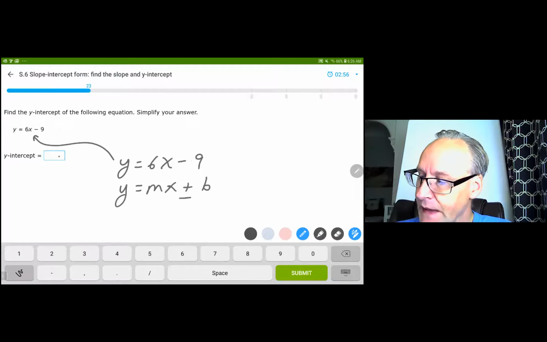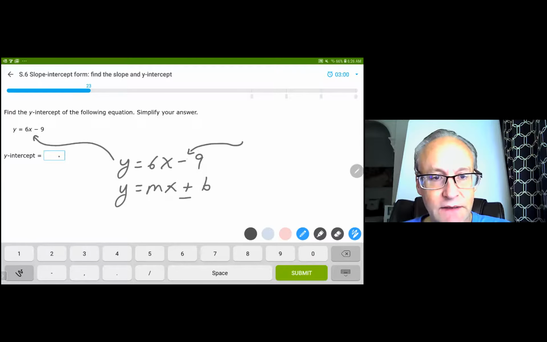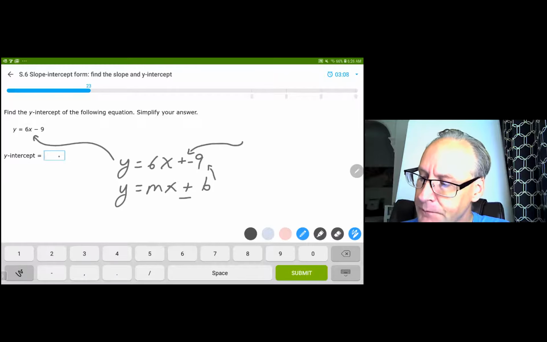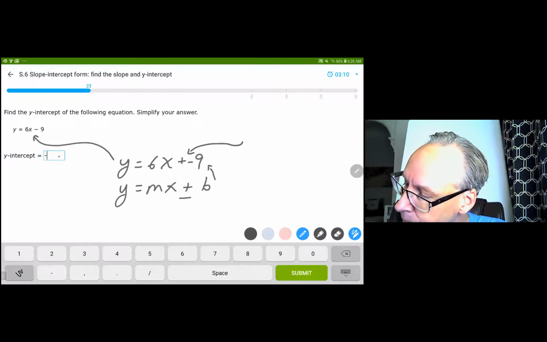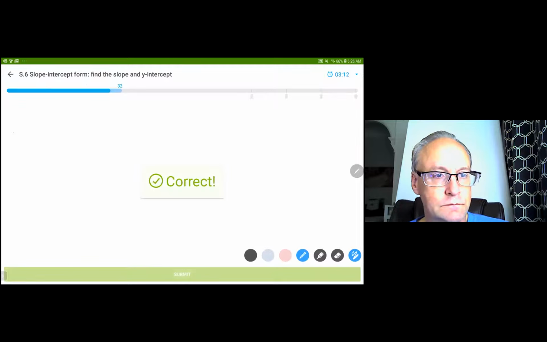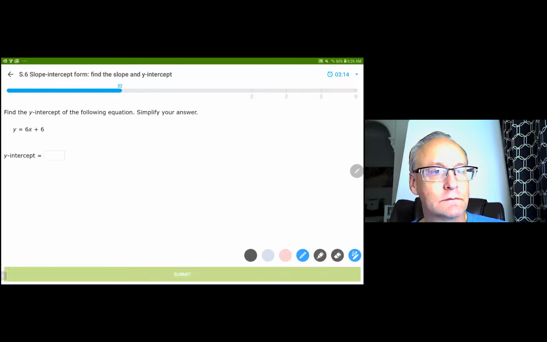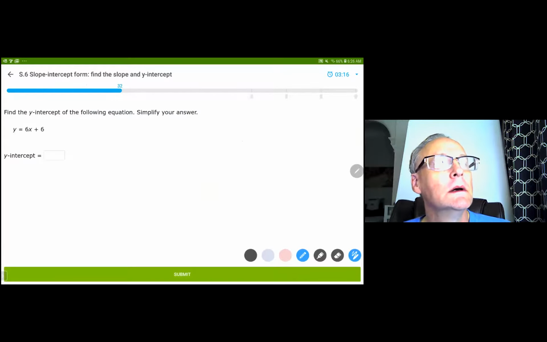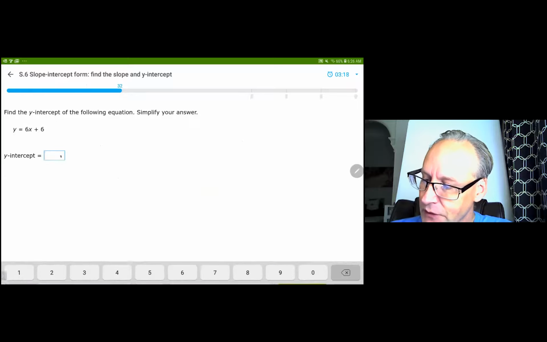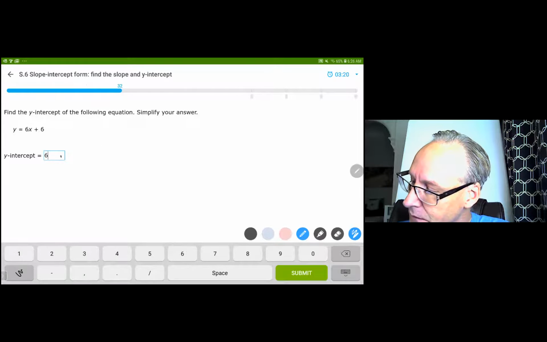Well, remember that according to the algebraic definition of subtraction, this is the same as this. And now we can see that the b is negative 9. Doesn't even matter which one they ask for in this case, I guess.